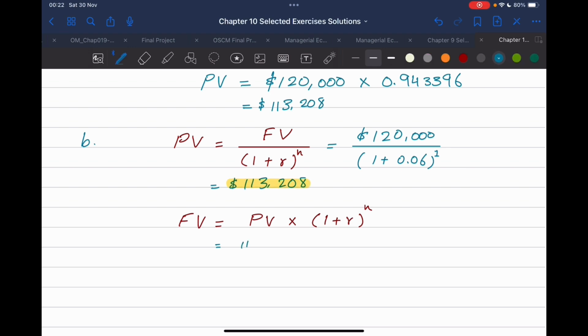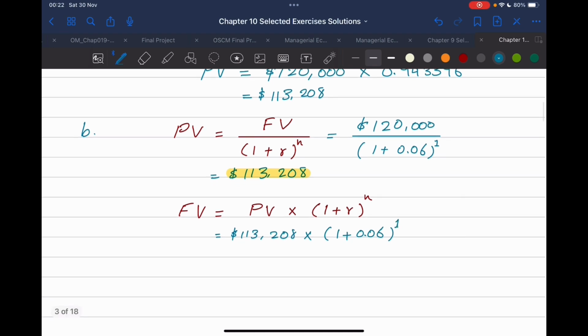Okay? So $113,208 multiplied by 1 plus the required rate of return, which is 6%, so 0.06, to the power of n, and the number of years we have is only 1, so we could again just ignore that. Okay? Now on my calculator, 113,208 multiplied by 1.06.